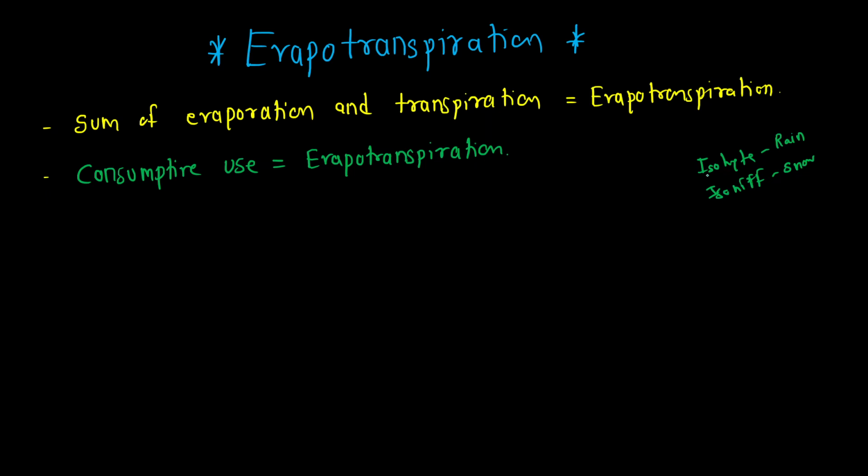In this we have one more iso-term, that is called isopleths. So isopleths is a line joining equal evapotranspiration points. So these three isos we have discussed up to now: isohyet, isonif, and isopleth.